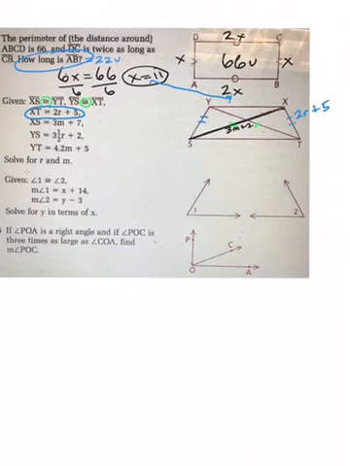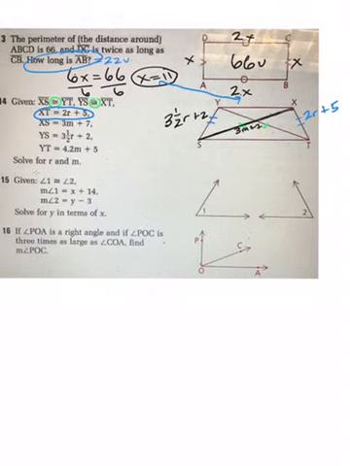YS is 3 halves r plus 2. And then I have 4 2/10 m plus 5 for YT. So my other diagonal is, I'm going to write that right up here just so I don't forget. I'm going to use red for this diagonal, 4 2/10 m plus 5.